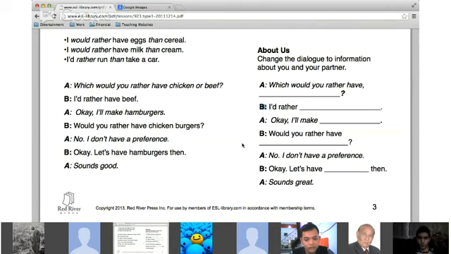Ermilo, which would you rather have, Mexican food or hamburgers? I'd rather have Mexican food. Mexican tacos. There you go. Okay, I'll make some tacos.